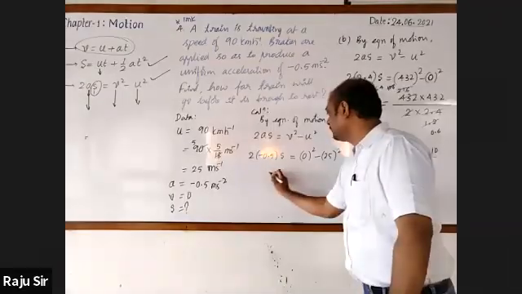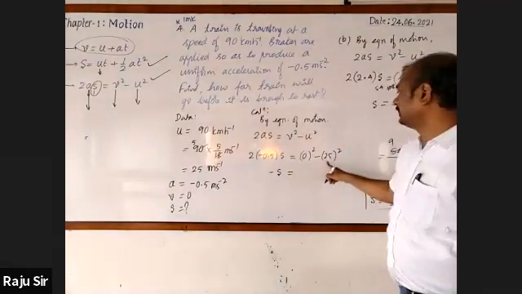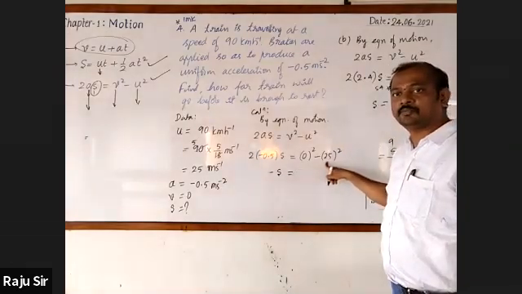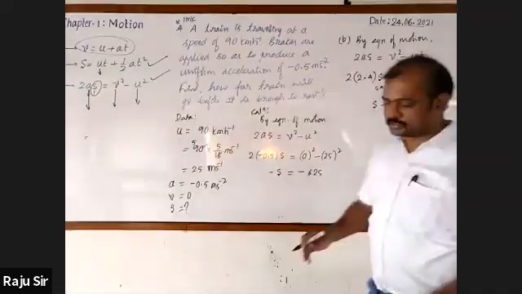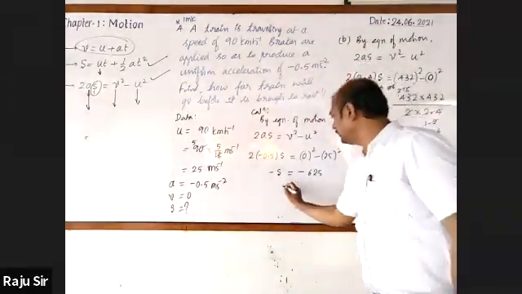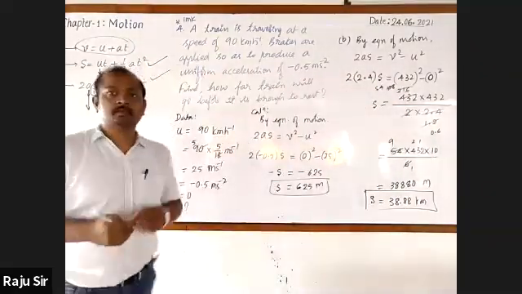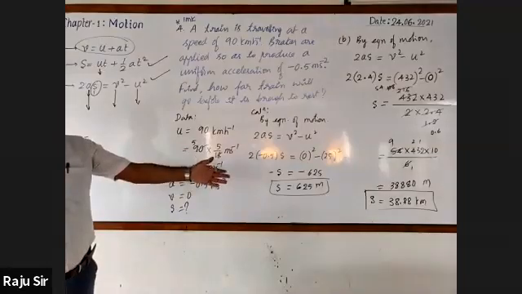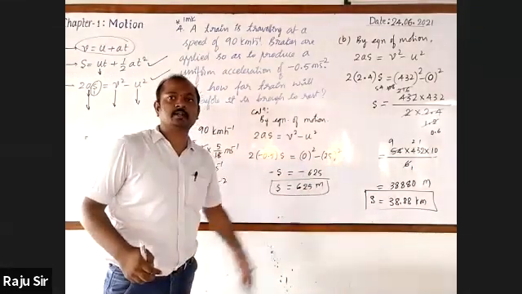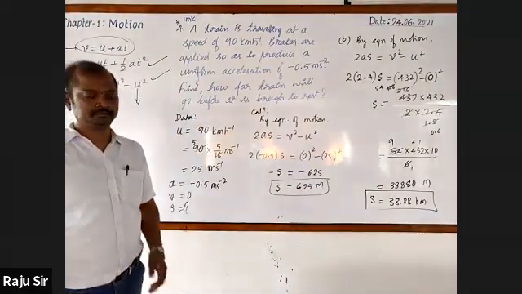So it is minus s is equal to minus 25 whole square, that is 625. Minus will get cancelled, so s is 625 meters. So before coming to rest, the train has traveled a distance of 625 meters.